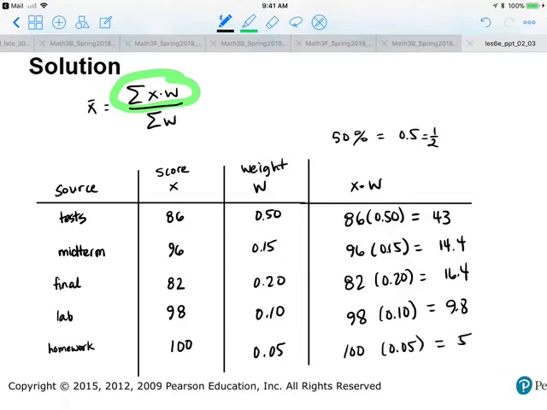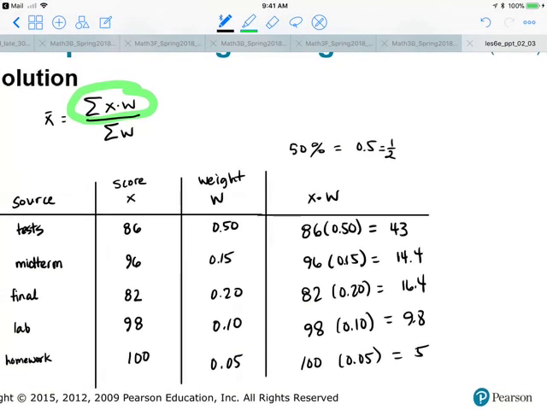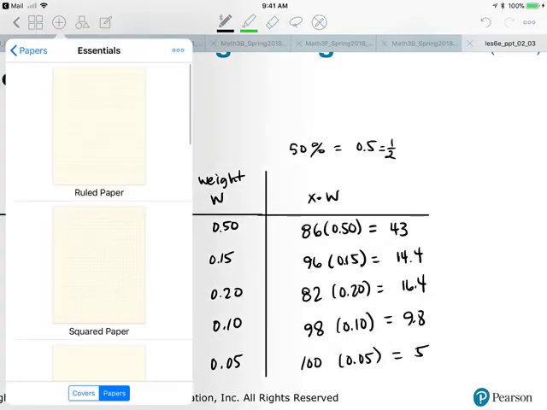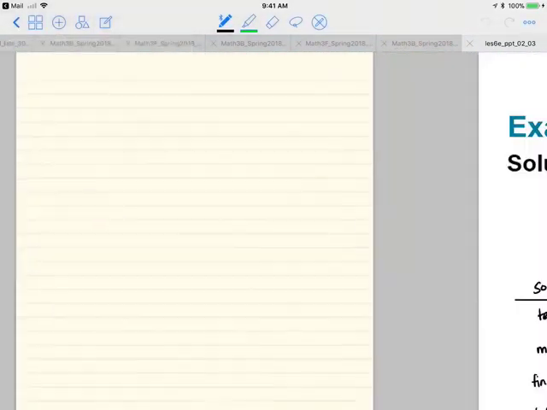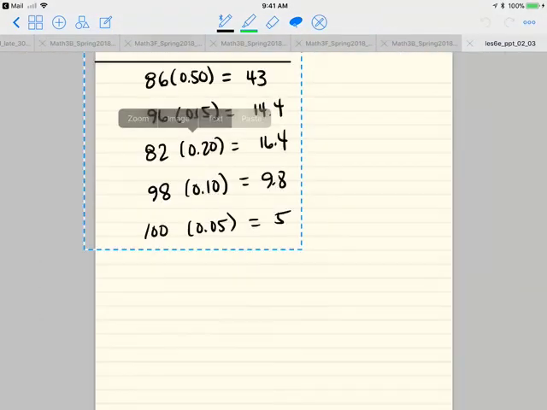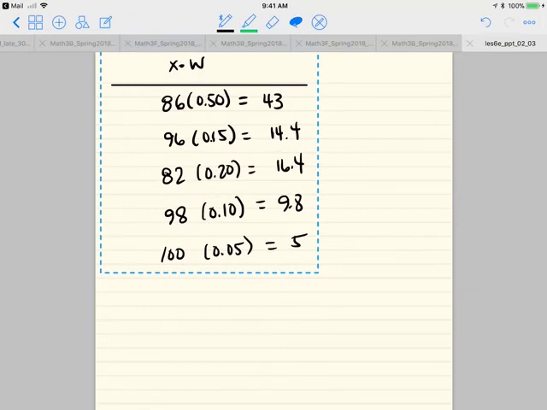All right. So once we have this, we should be able to add. Let me add a page below. So we should be able to add, copy, paste. Okay.